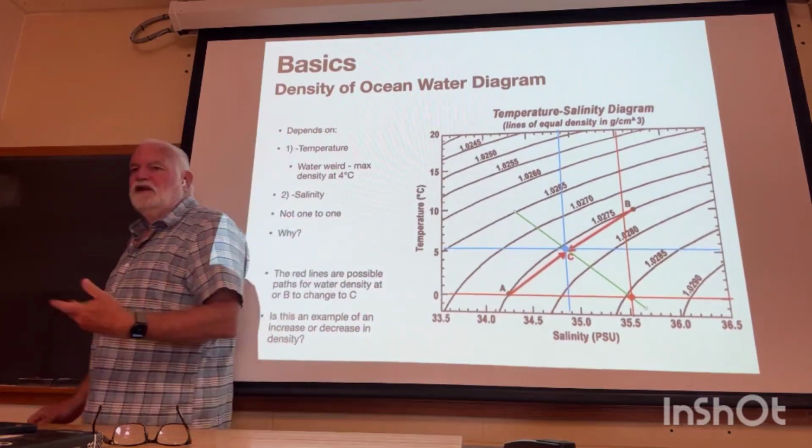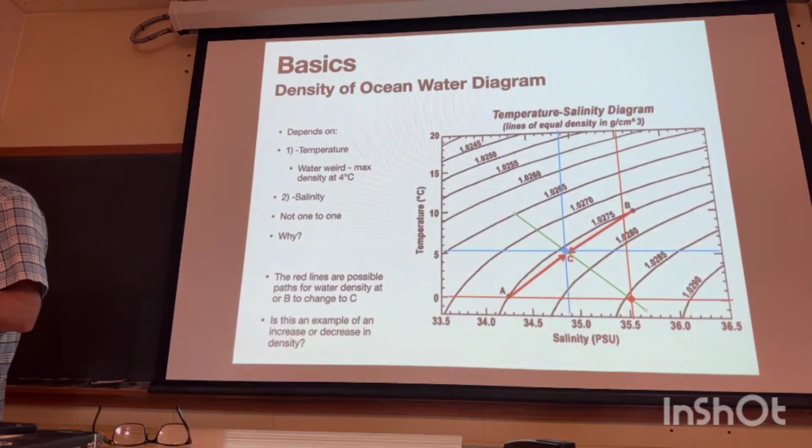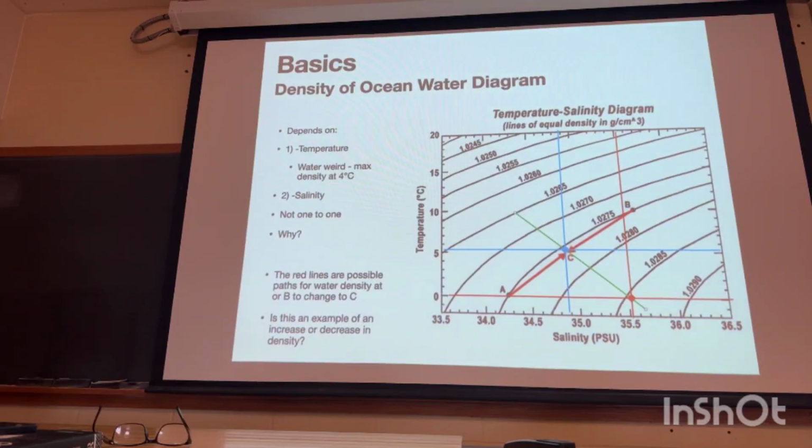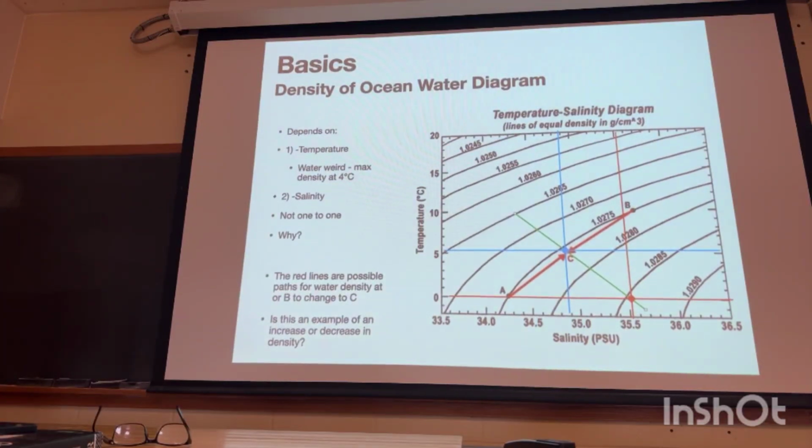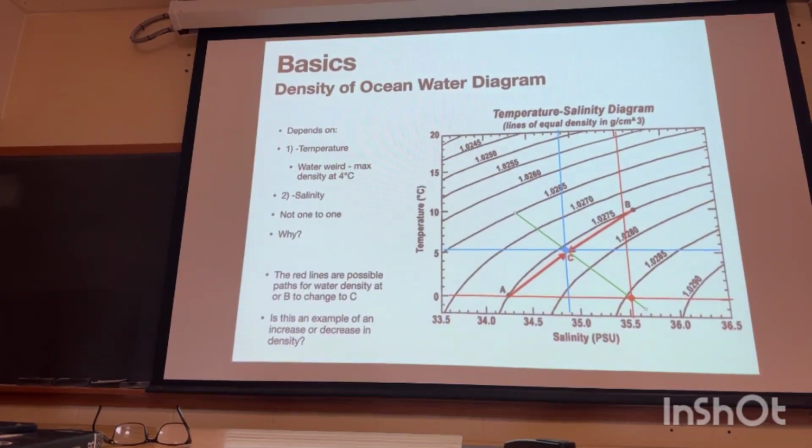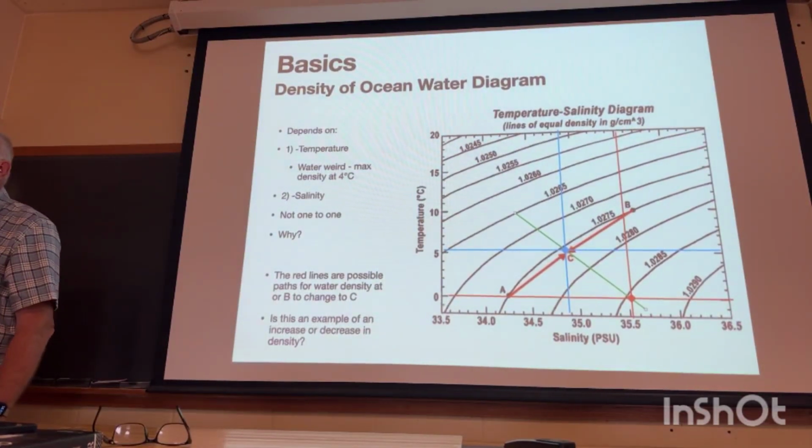And 4 degrees turns out to be a magic number for water. That's where it's pure water. Its maximum density is always taken as 1 gram per cubic centimeter. That's the density of it by definition. It's an operational definition, but it's always specified that it's at 4 degrees. Why?